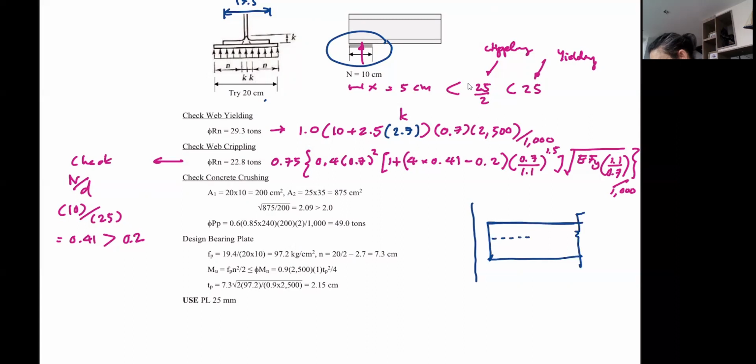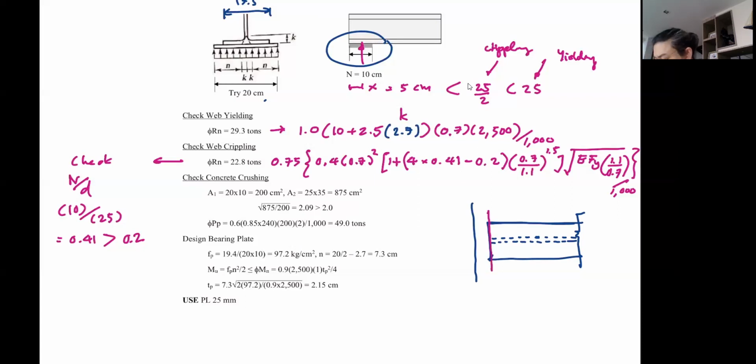To show that this is your steel, let's show the dotted line for the width of the beam. And this is going to be the plate. Let's use a different color for the plate.